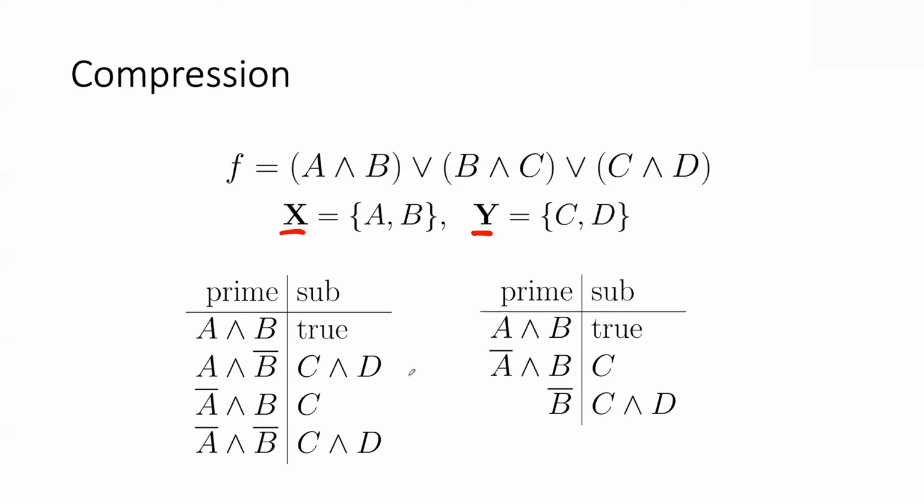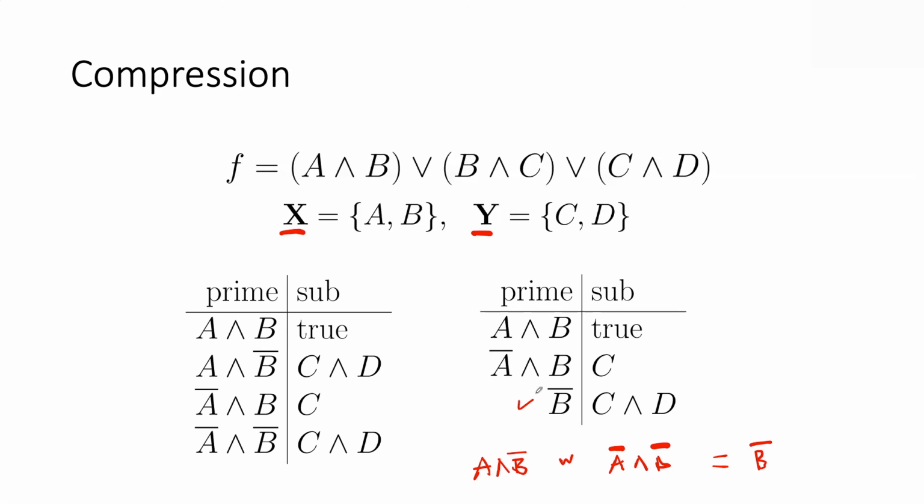So I'm going to put this here, and then I take this prime and that prime and disjoin them. So I'm doing A and B prime or A prime and B prime, which happens to be equal to B prime. And that's what I put here. So I just disjoined the primes.